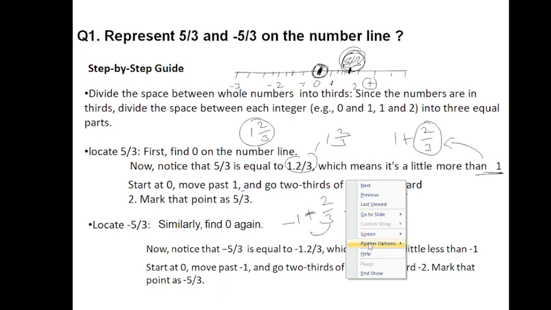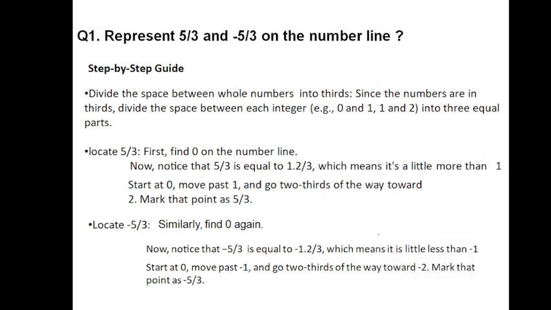So when we draw a number line, it is a reference point. Now notice that minus 5 by 3 is equal to minus 1 and 2 by 3.